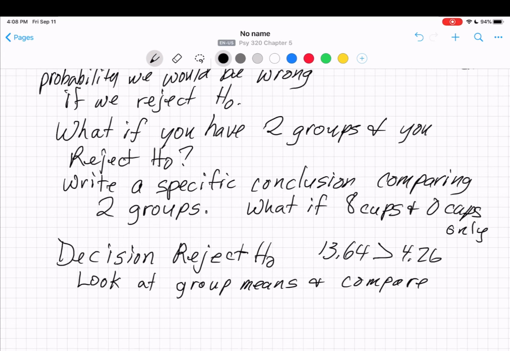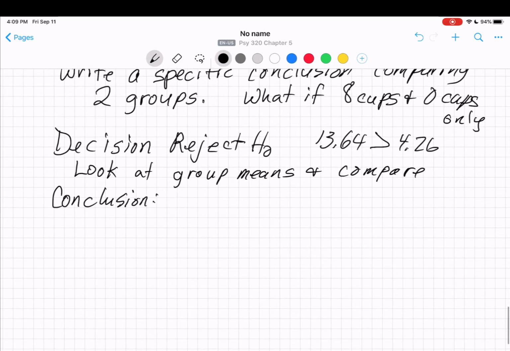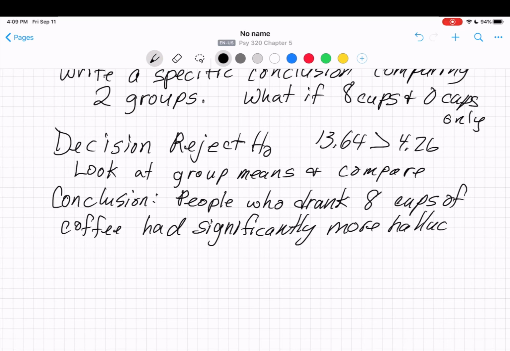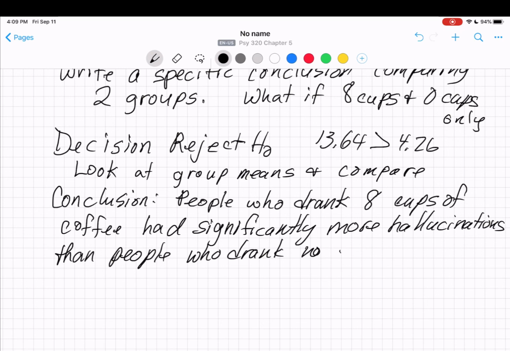So in your conclusion, you want to say that people who drank 8 cups of coffee had significantly more hallucinations than people who drank no coffee.